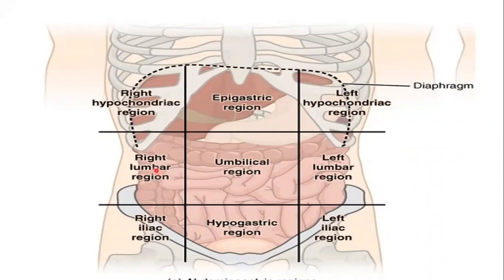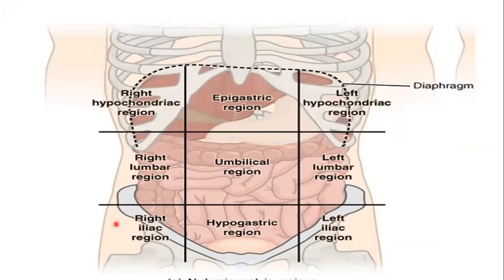We have the right lumbar region and the left lumbar region. At this level, we have the lumbar vertebrae. That is why we name this region the lumbar region. One is the right and the other is the left lumbar region.